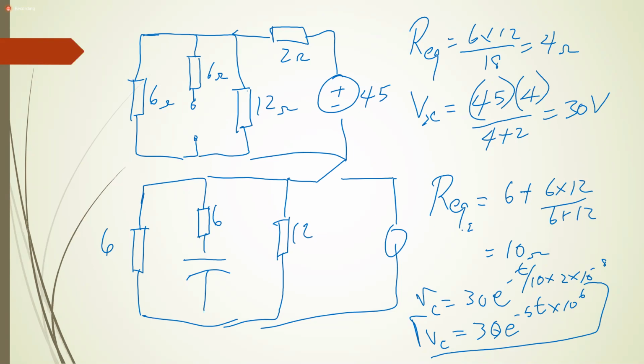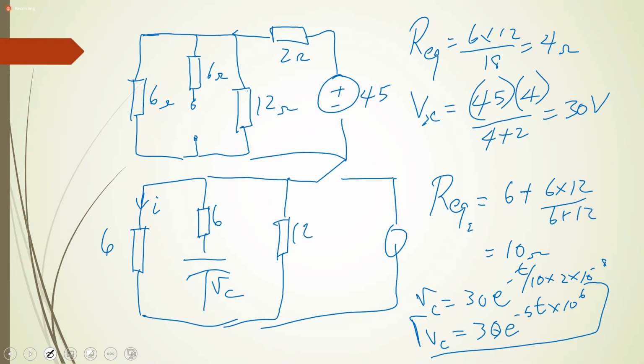So, Mr. Campbell, we now have VC. What do you want? We want I. So what's next? The circuit is 6 and 12 in parallel, and then in series with the 6.